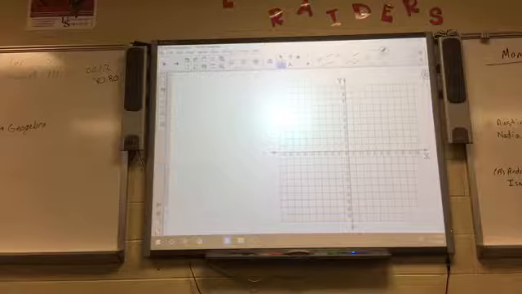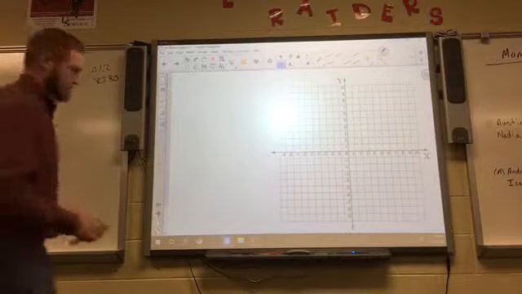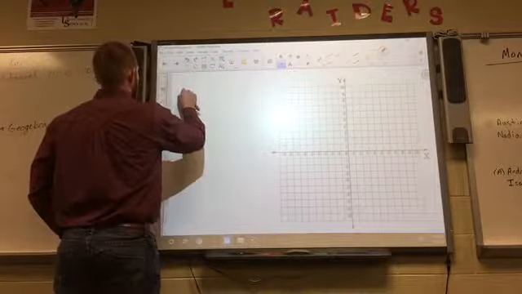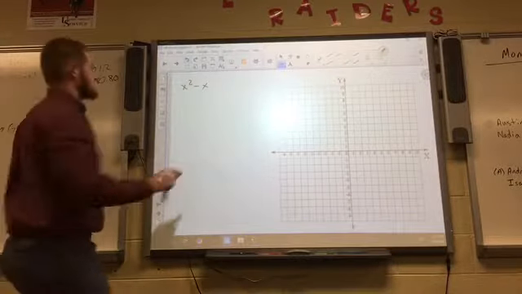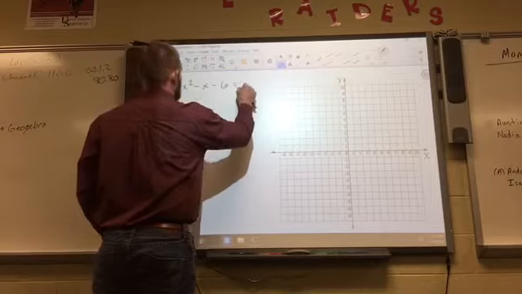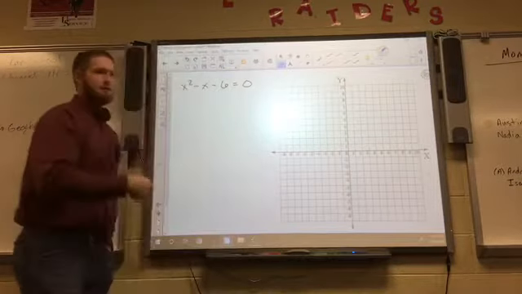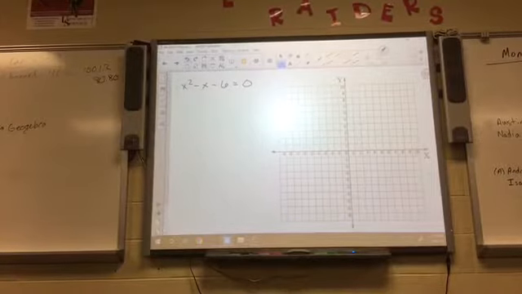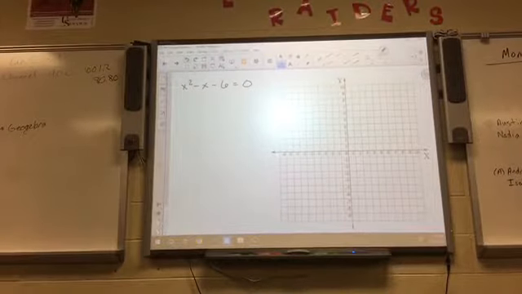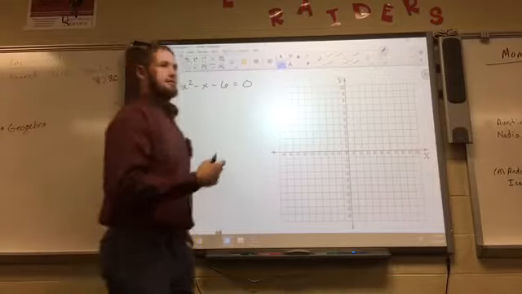So we're going to start off by graphing. They give us a function, x squared minus x minus 6 equals 0. So the difference between this and what we have been doing is I don't have a y anymore. That's because we are trying to find out where it crosses the x-axis.